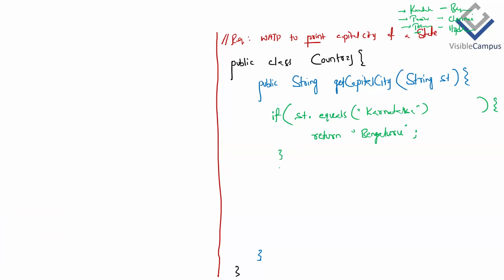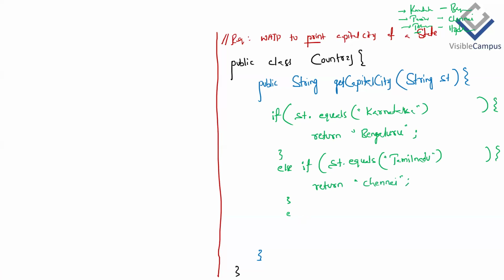Then followed by the alternate, an else if block, which is condition based. That's why: if the state name equals, using the equals method, the next one, say Tamil Nadu, then here we have to return Chennai.